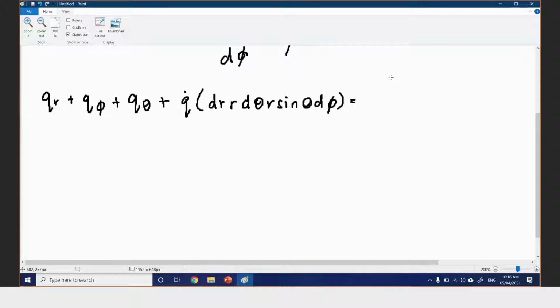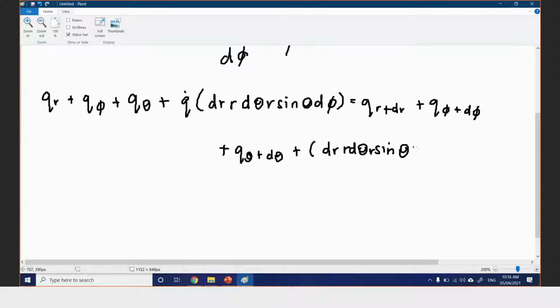The rate of heat out is Q_r plus dr, plus Q_phi plus d_phi, plus Q_theta plus d_theta, plus the volume r sine theta d_phi times density times heat capacity dT over dt.